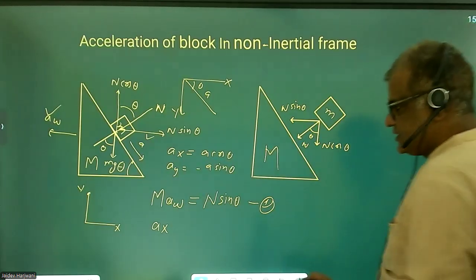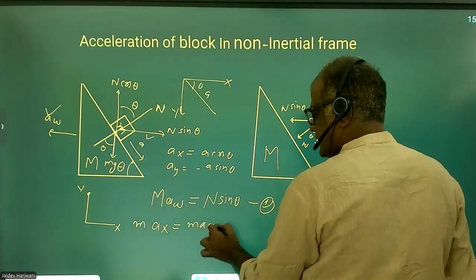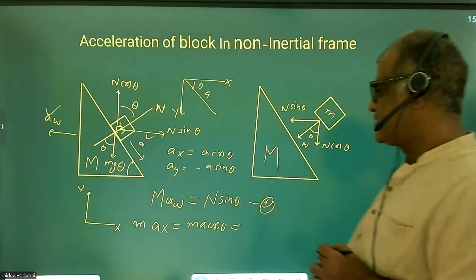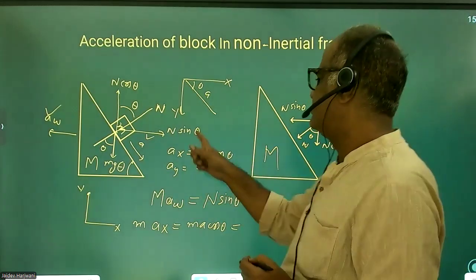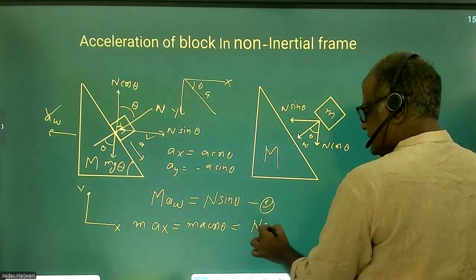So m a_x, which is m a cos theta, will be equal to, in the plus x direction, the force component N sine theta.